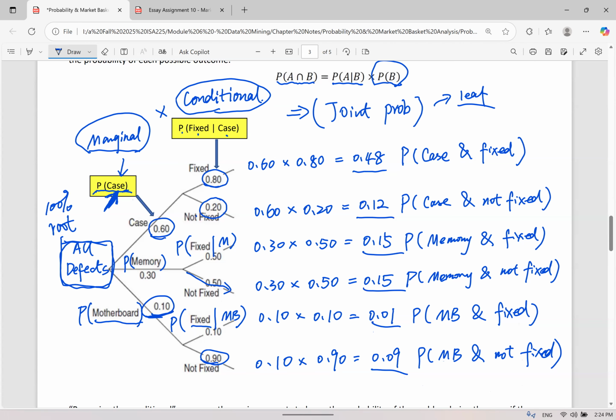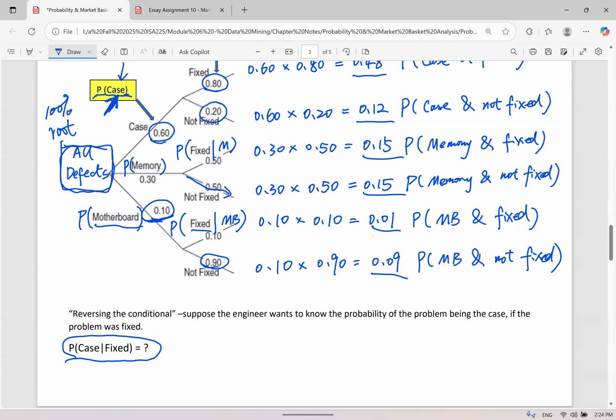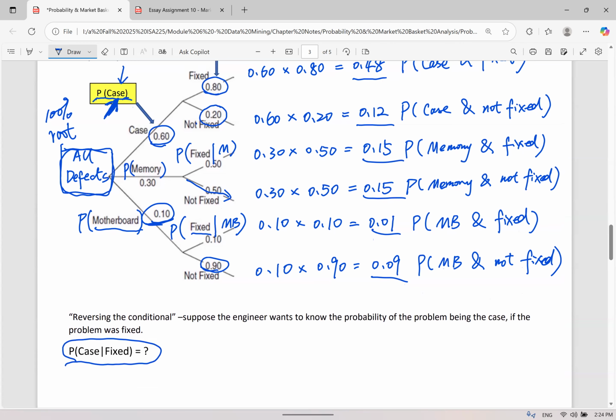All right, okay, so now again, let's still come back to this question. We want to get this probability, and then we had the formula that this probability will equal the probability of it being a case alignment problem and getting fixed, and then divide by the condition, which is the probability of getting fixed, based on the multiplication rule.